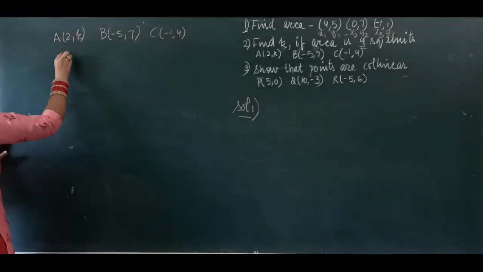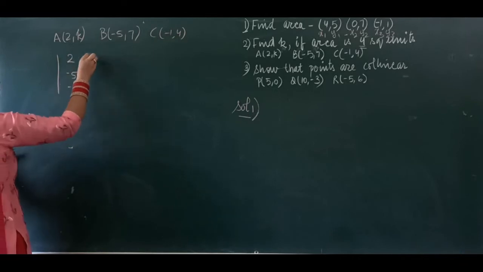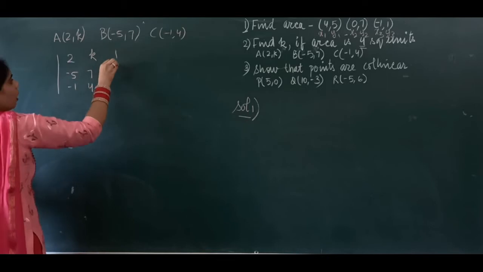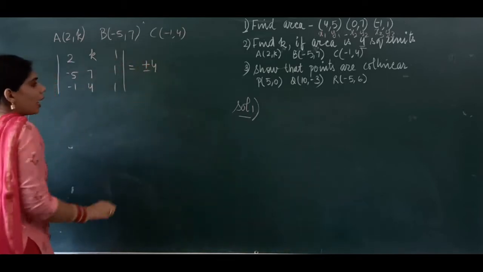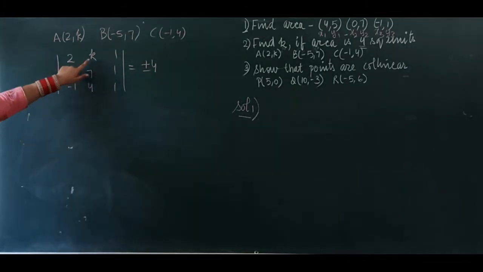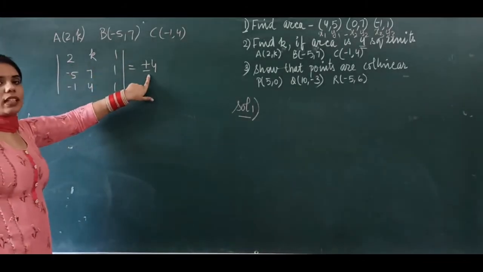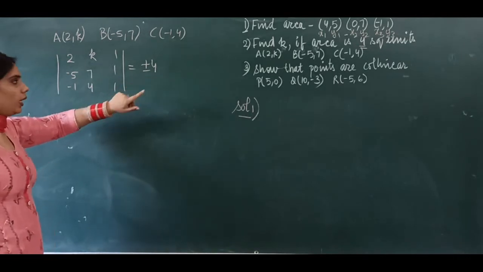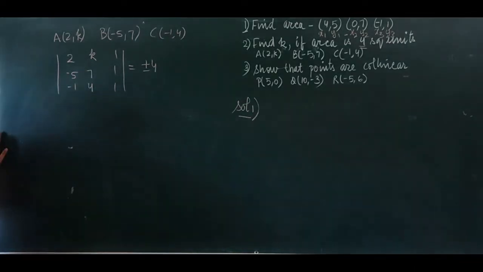Let's put this in the determinant form: 2, -5, -1; k, 7, 4; 1, 1, 1, equals plus minus 4. I told you earlier, if we have to find an unknown constant and the area is given, we consider both the positive as well as the negative value of the area, because in determinants we have seen that the values can be positive as well as negative.